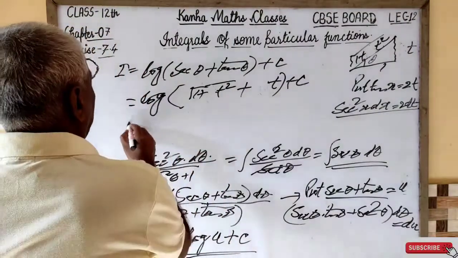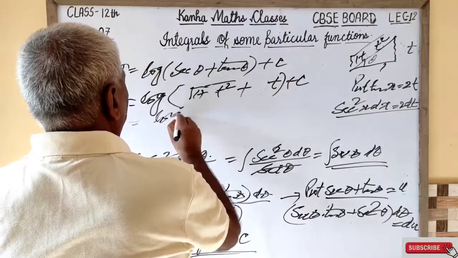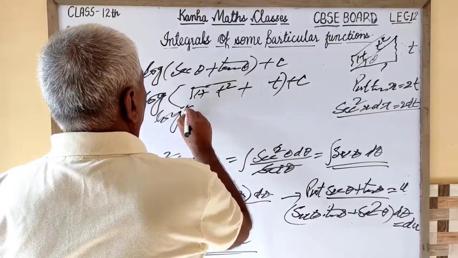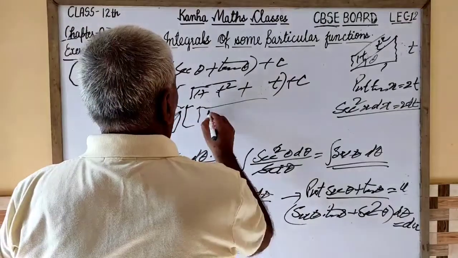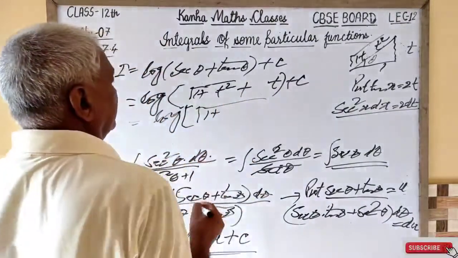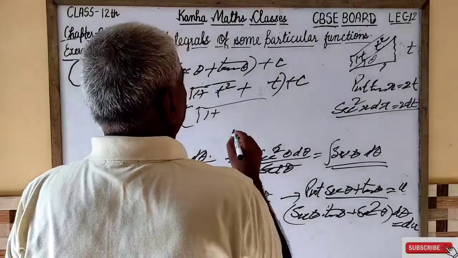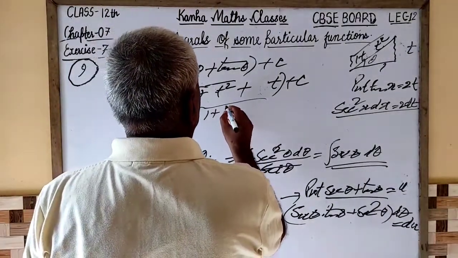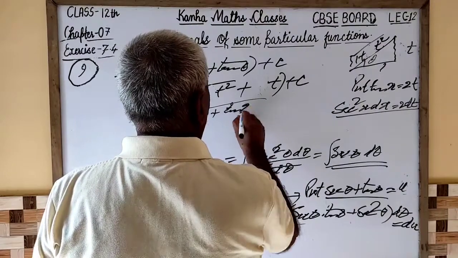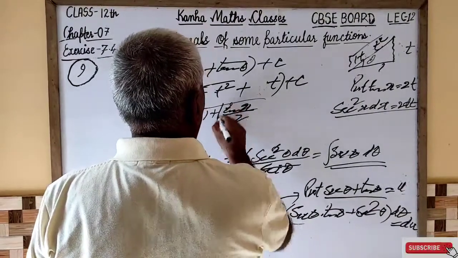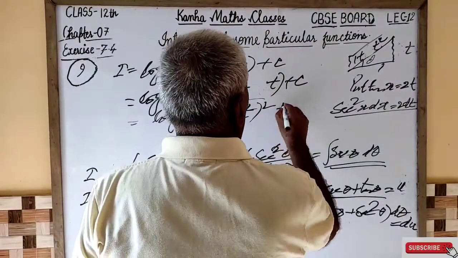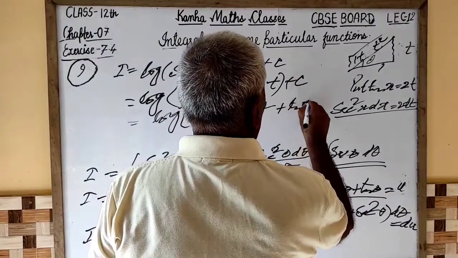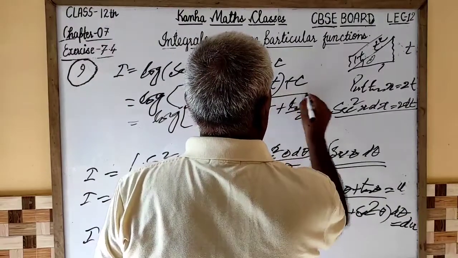Here we will again write log of under root 1 plus tan x by 2 whole square, plus tan x by 2.